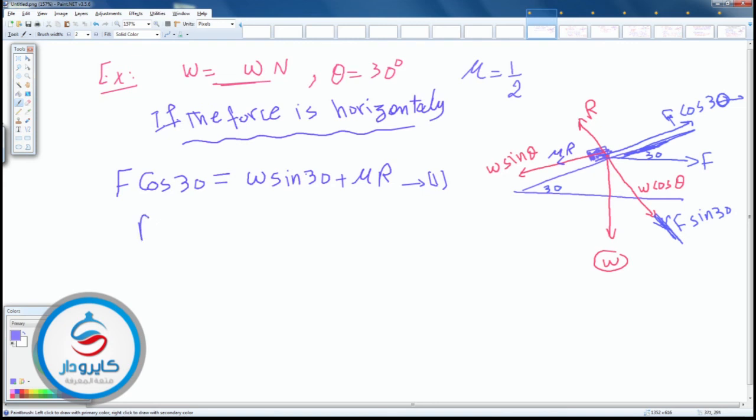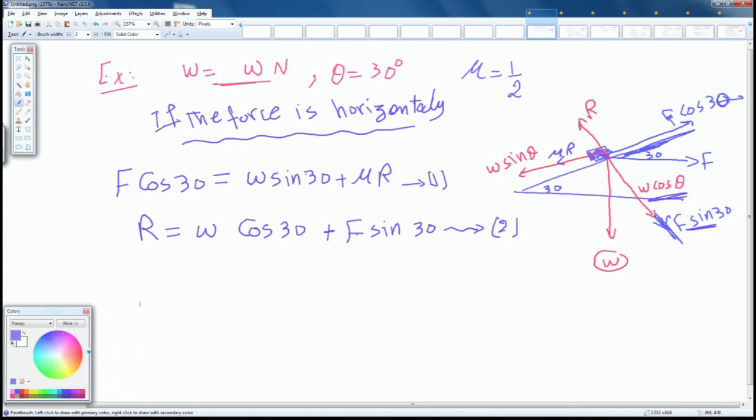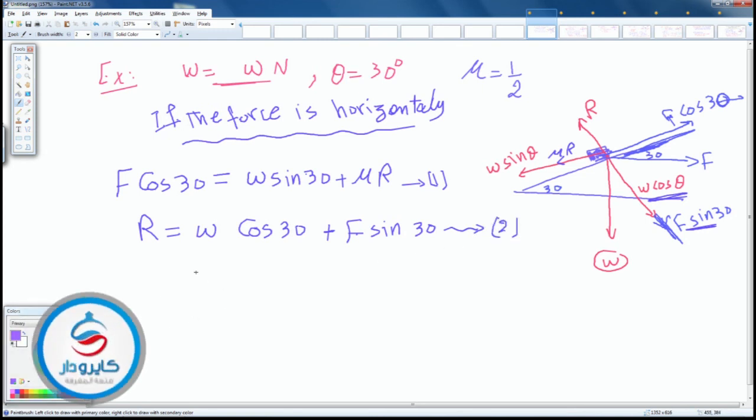Also, R equals the sum of these two forces, W cosine 30 plus F sine 30, and this is number two. We need to solve them together.